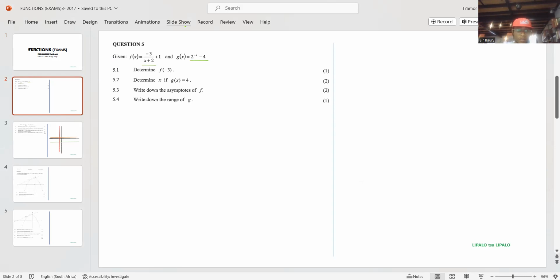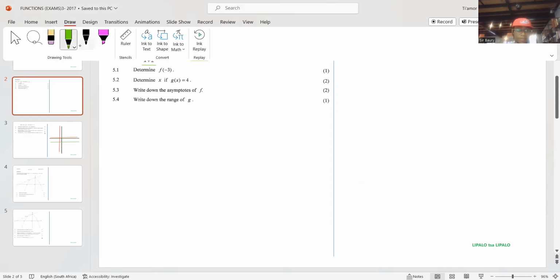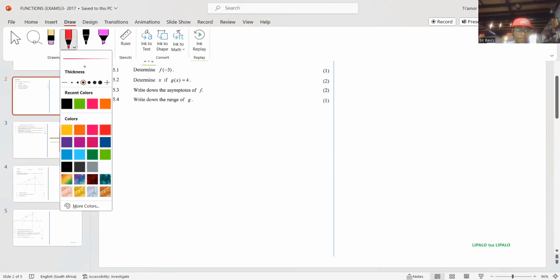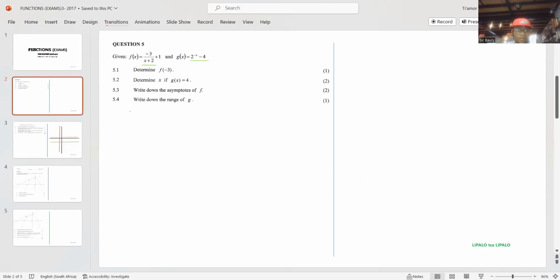You are required to determine f at -3. So I'm just going to substitute -3 in the place of x.